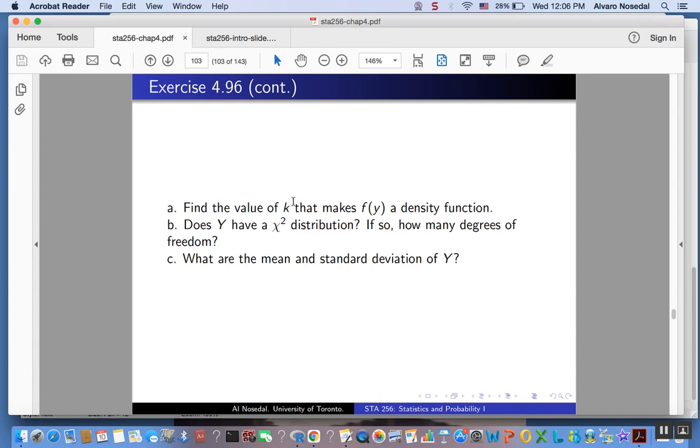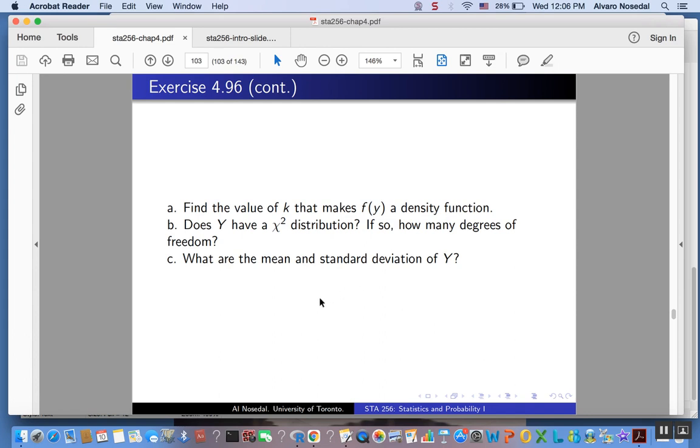First, we want to find the k, the constant that makes that expression a legit probability density function. Then they are telling us that they believe that this is a chi-square distribution. Since the parameter that defines a chi-square distribution is that nu parameter, we want to find it.